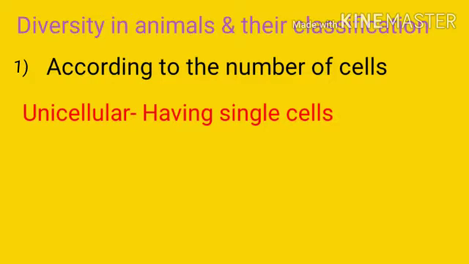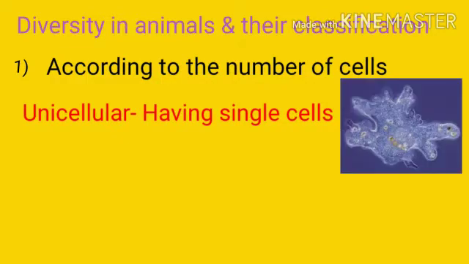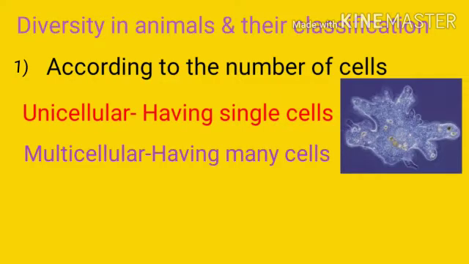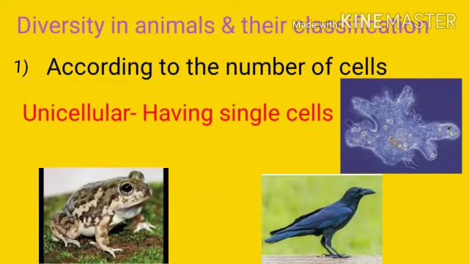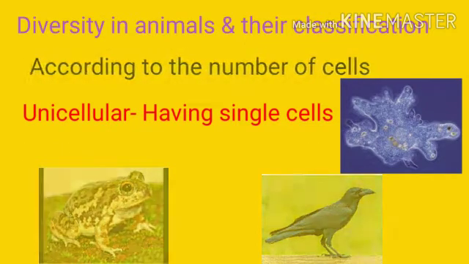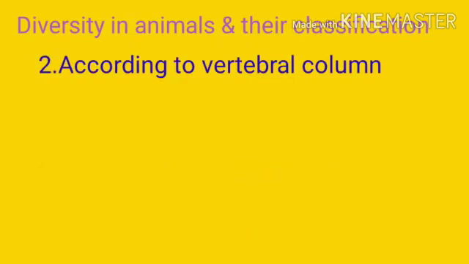Unicellular means animals that have a single cell, example amoeba, and multicellular animals have many cells, example man, frog, crow, etc.